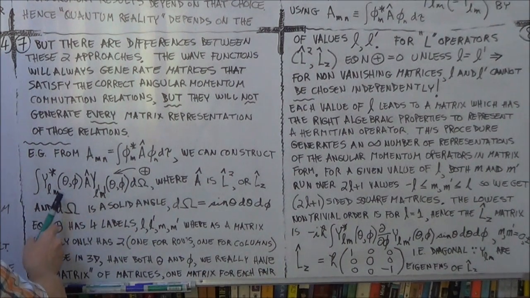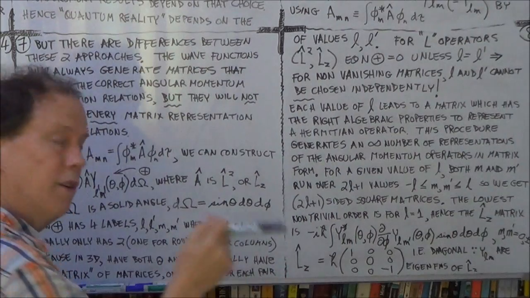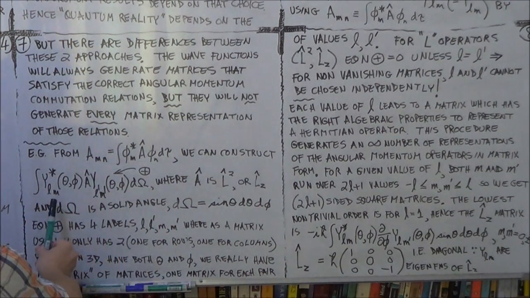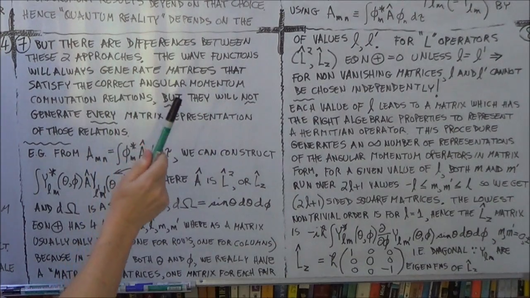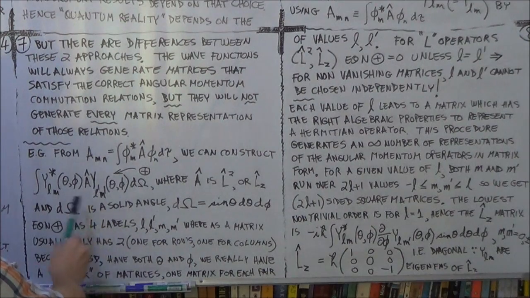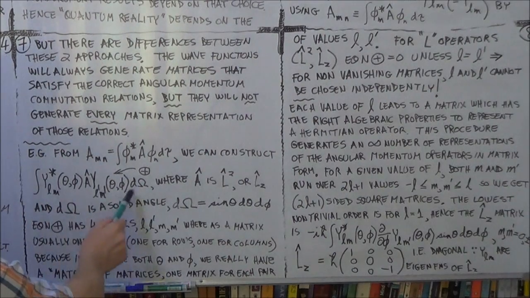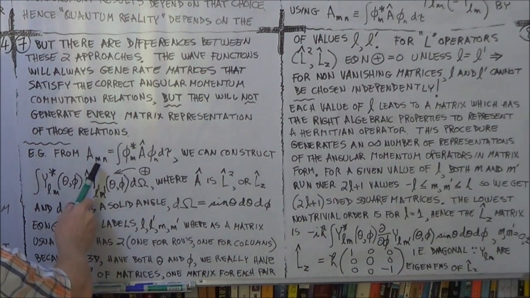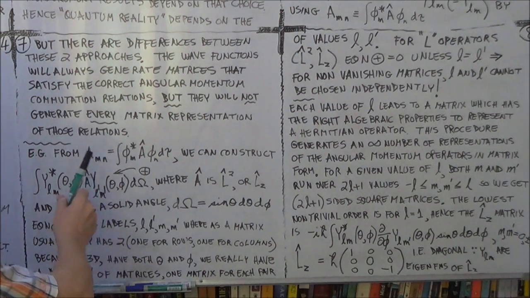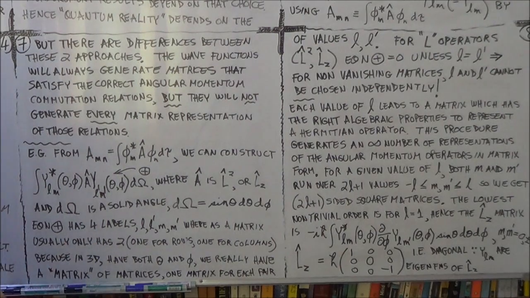Now this M, because it's the eigenvalue of the z component of the angular momentum, can range over minus L to L. You can take 2L plus 1 different values, and the M dashed here similarly, but M dashed is independent of M. So this M here can have 2L plus 1 different values, and this M dashed can also have 2L plus 1 different values.